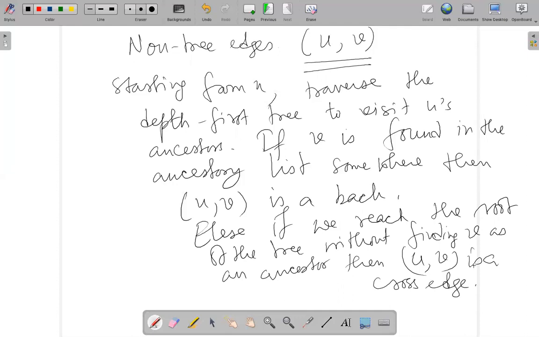So if you have explored the full ancestry list and still you have not found V, then UV is a cross edge. Otherwise, UV is a back edge. So in the next class, we'll stop here. In the next class, we will discuss the different applications of DFS, followed by introduction to BFS and one of its applications. Thank you.